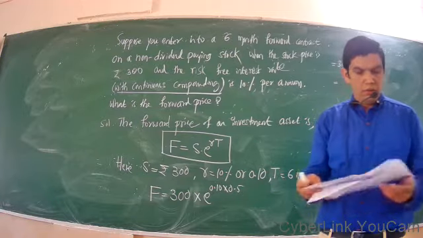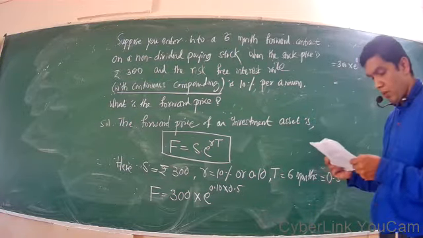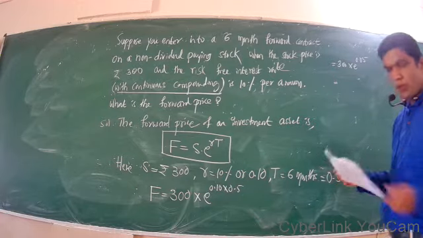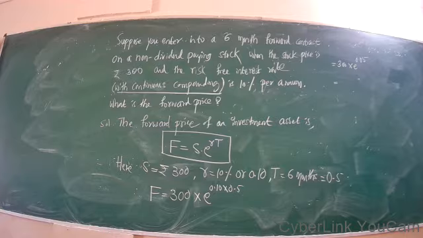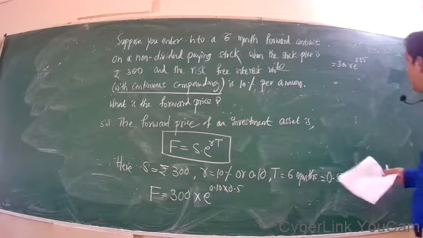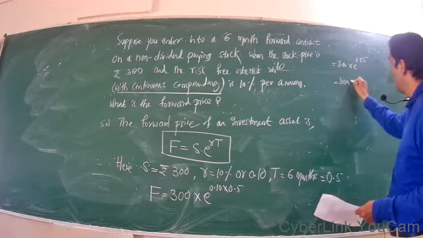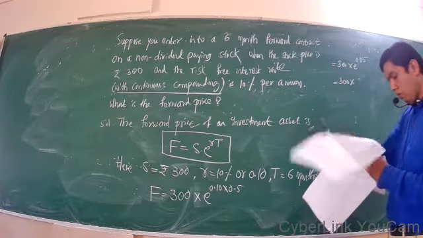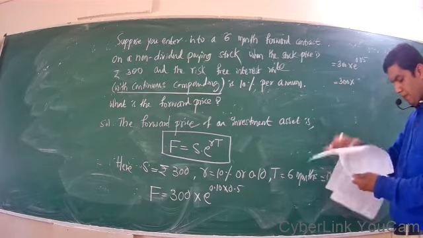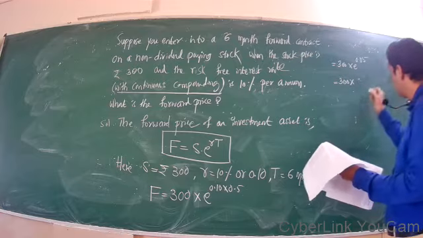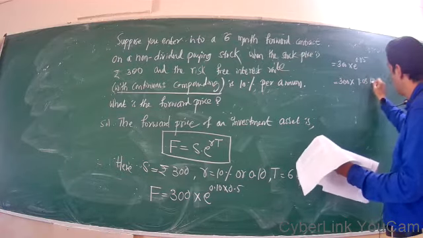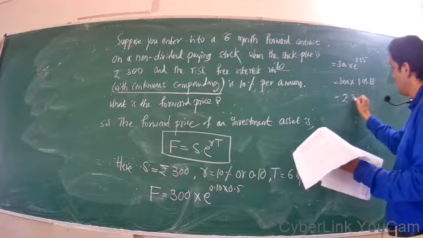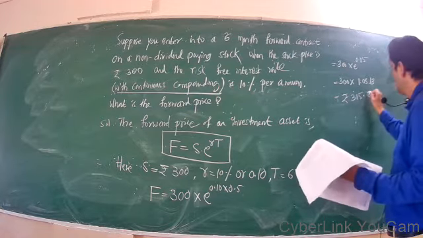And here I have 1.0513. 1.0513 is the answer for e raised to 0.05. So 300 into 1.0513, and that is equals to rupees 315.38. So this is the answer.